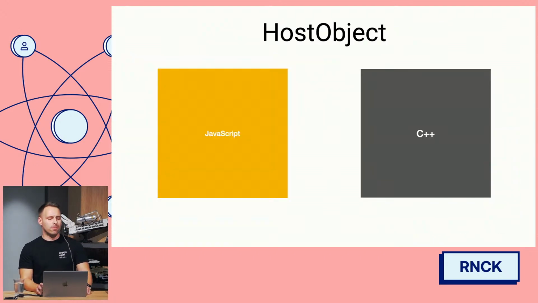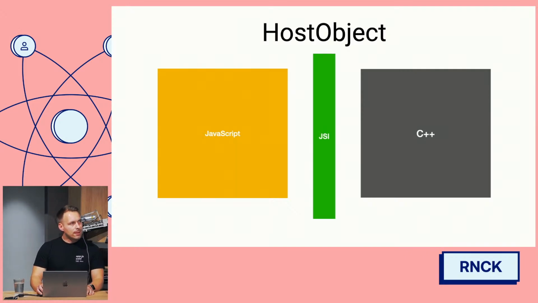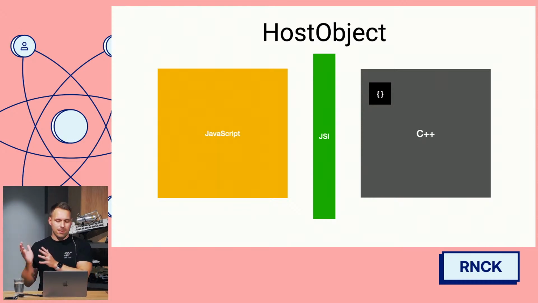Before we jump into the code, I would like to also explain one more topic, which is host object. Host object is a mysterious term. I didn't understand it too, but imagine that you have two worlds. You have JavaScript with React Native, and you have C++. And between them, there is something called JSI. You can construct, for example, a JavaScript object totally in C++.